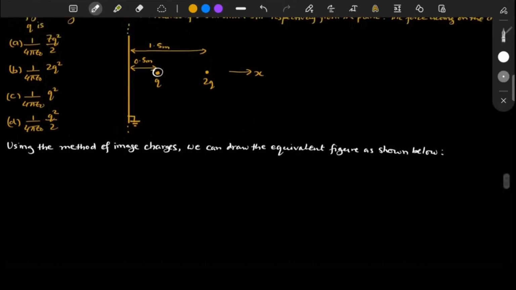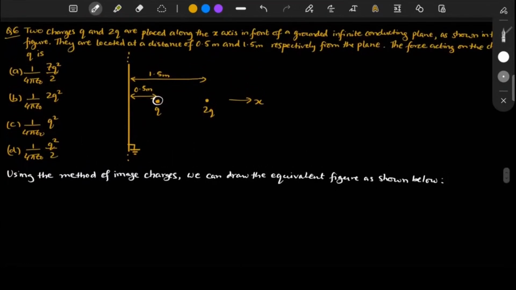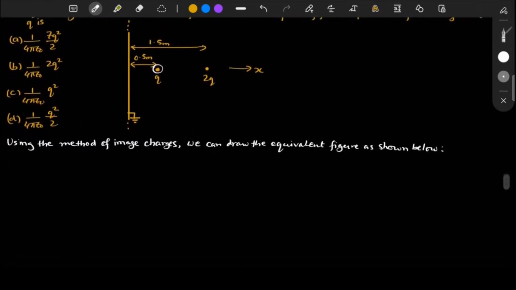So, the method of image charges says that if you have the infinite plane, so this is the location of, let us call this as the origin.